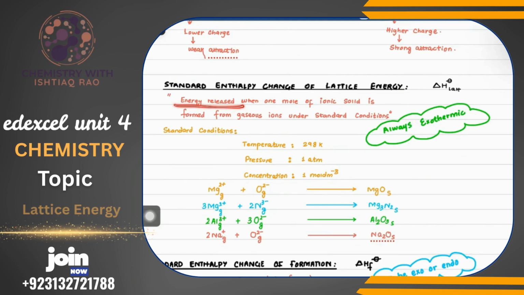What is the standard enthalpy change of lattice energy? Energy released when 1 mole of ionic solid is formed from the gaseous ions under standard conditions. In easier words, I'm going to form magnesium oxide, which is an ionic solid. The standard condition makes it mandatory to have 1 mole of product.